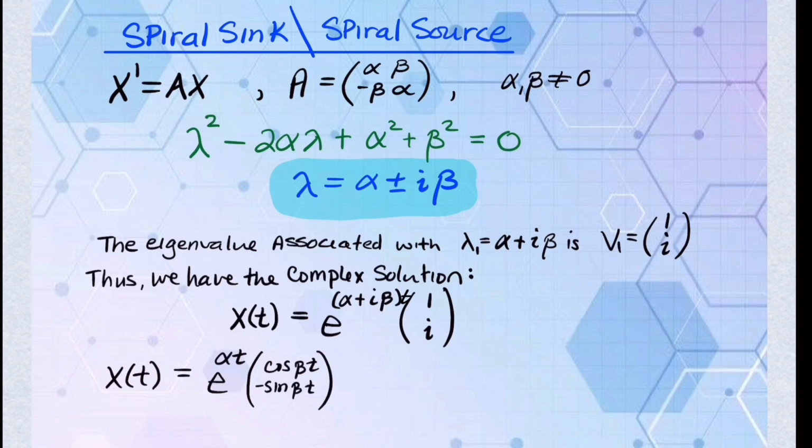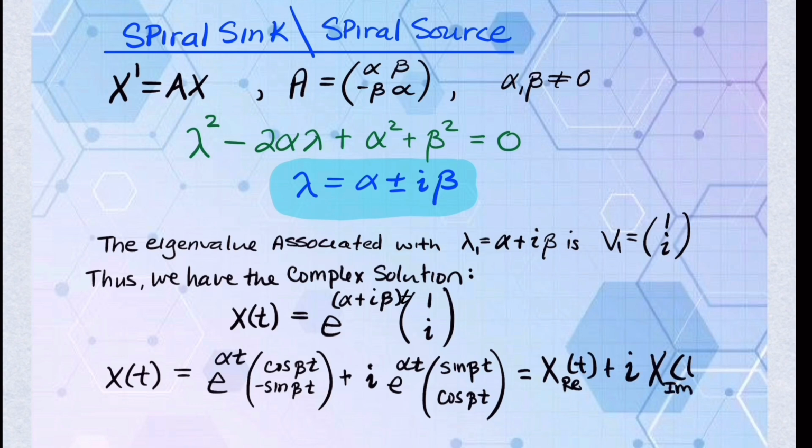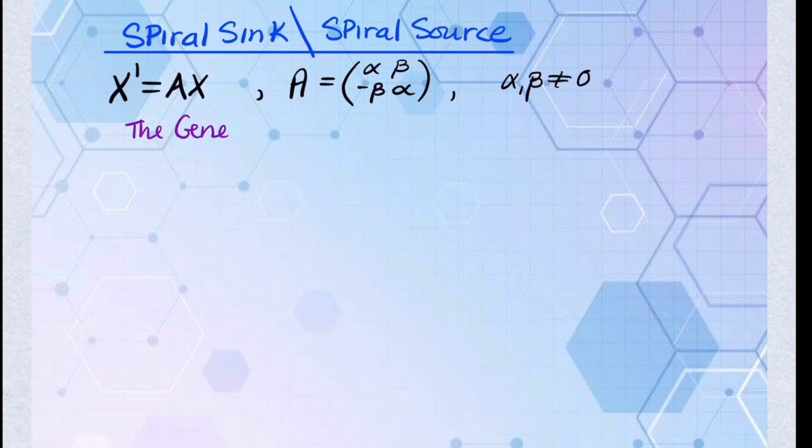And breaking it up into its real and imaginary parts, we see that the general solution has coefficients of e to the alpha t, which turns our straight line solutions into curved spirals.